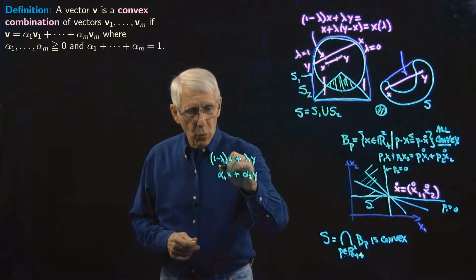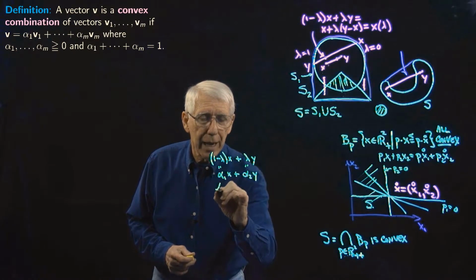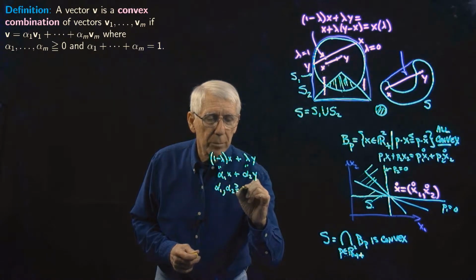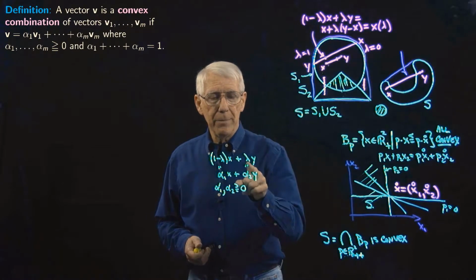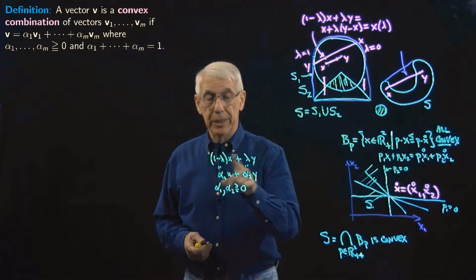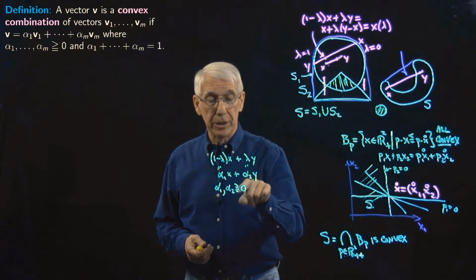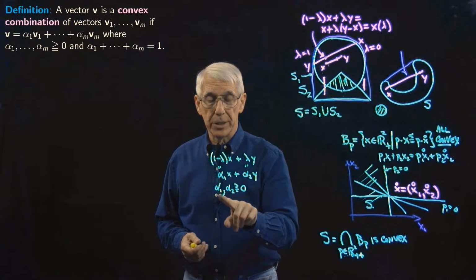where alpha 1 is this, alpha 2 is this, and then note that alpha 1 and alpha 2 are certainly both greater than or equal to 0, because lambda is, in our definition, bigger than 0. So alpha 2 is bigger than 0, and lambda is less than 1, so alpha 1 is bigger than 0.